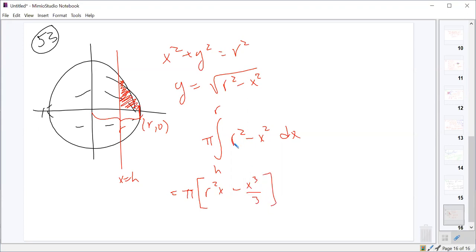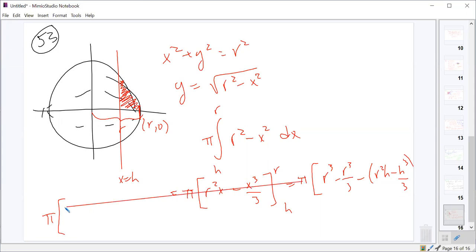Okay, so when we evaluate, the integral of r squared, which is just a constant with respect to x, is r squared x, minus x squared's integral is x cubed over 3. Plug in the h and the r and subtract. So we got pi times r cubed minus r cubed over 3 minus r squared h minus h cubed over 3. So I'll leave the pi out in front, and then we'll just sort of see what we end up with here. R cubed minus r cubed over 3 is 2/3 r cubed.